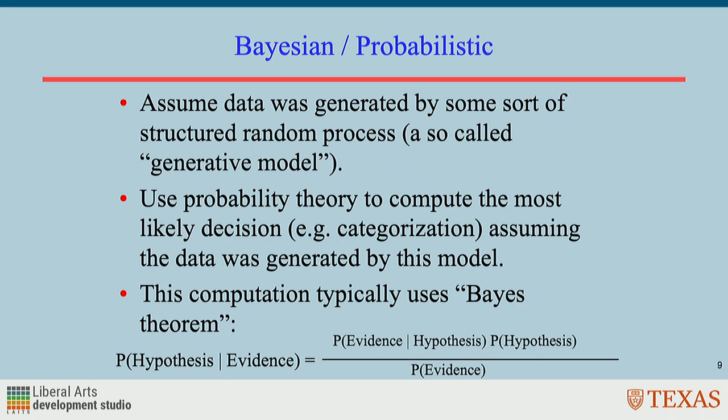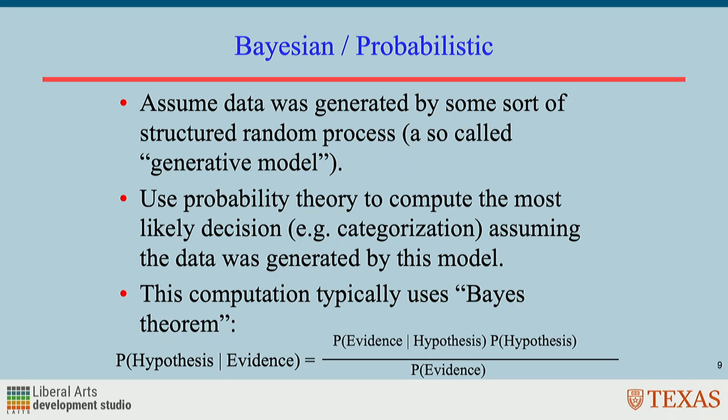But then we use probability theory to compute the most likely decision or categorization, assuming that the data was generated using this model of how the data was generated. And this whole approach is typically called Bayesian because it's named after a very famous British mathematician, Bayes, who formulated this theorem that's instrumental in how this approach is utilized.